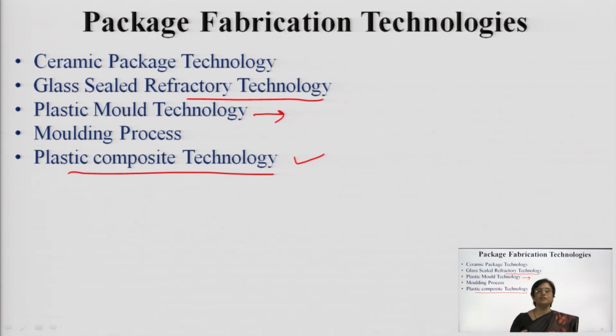Further cost effectiveness is introduced using plastic mold technology. Enhanced molding processes have been used, and finally you have plastic composite technology, where you have better heat dissipation and better electrical properties incorporated.